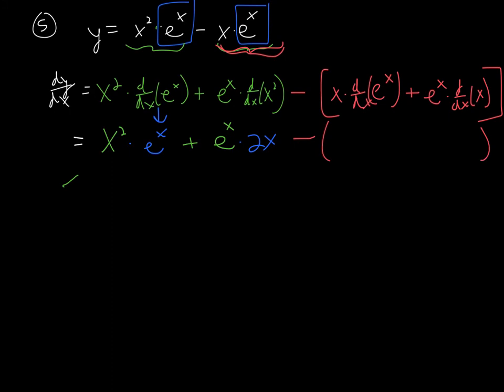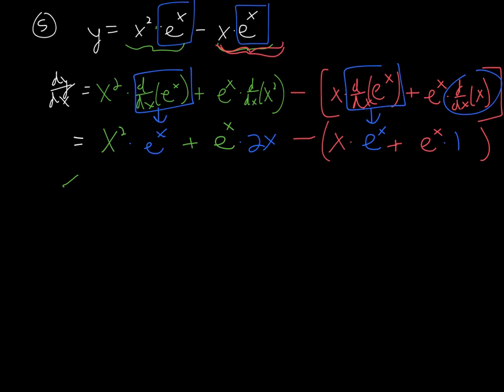I'm going to have x times derivative of e to the x. So here's my new part, just like I had over there. It's going to be e to the x plus e to the x, no derivative. And now I've got to do derivative here. Derivative of x is just 1. So step 1, I wrote it out. Step 2, I actually took the derivatives. Now let's see what we ended up with.